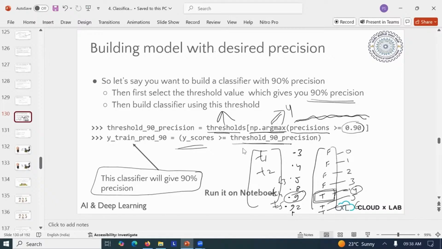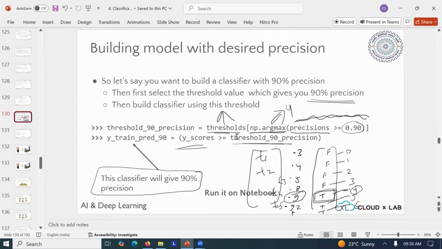When you use that threshold, this is the model prediction, because as I said, the model will always predict a score. If that score is greater than some threshold, then positive class. If that score is less than the threshold, then negative class.